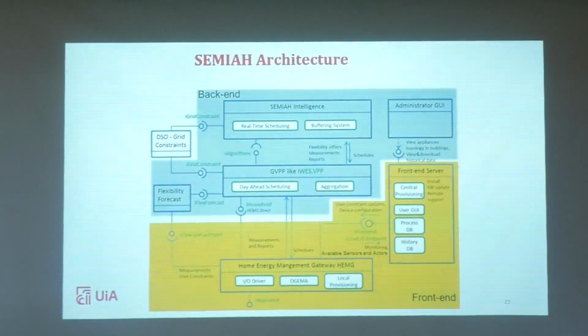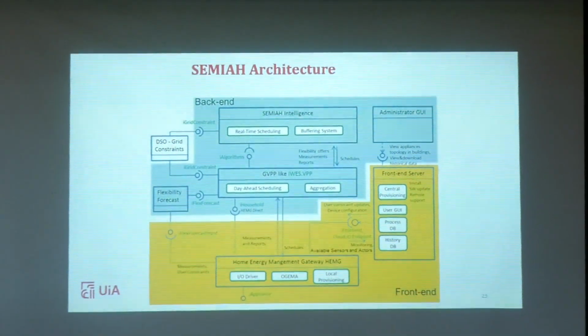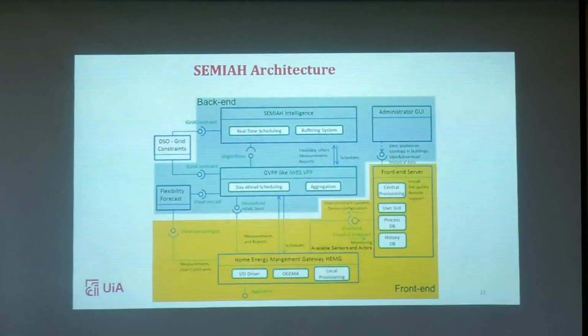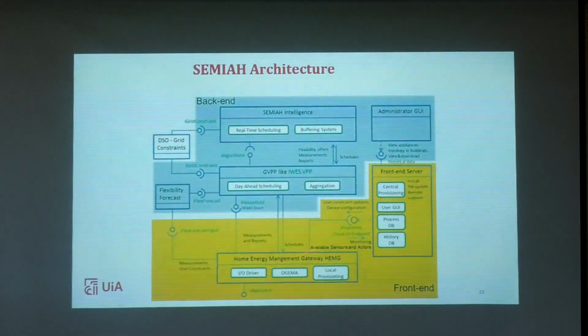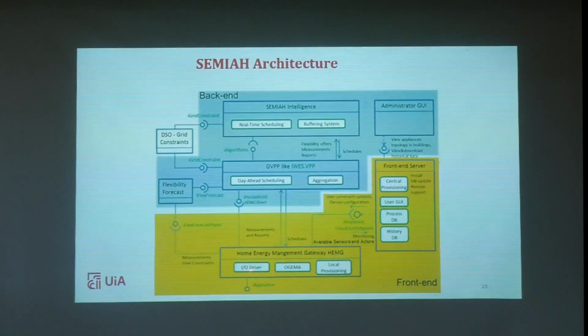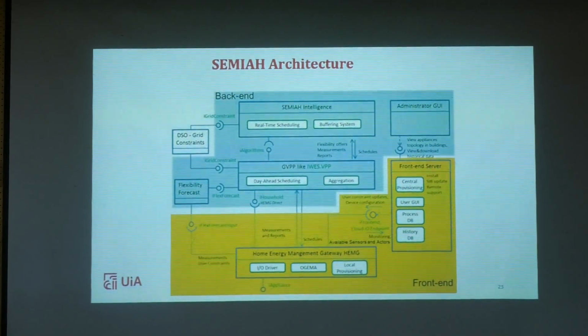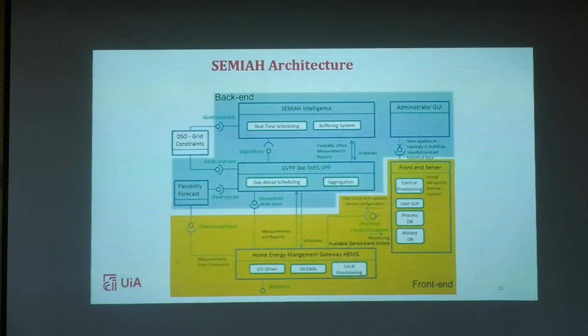In the front end system, we have the home energy management gateway, and here you can see that this home energy management gateway, which is basically of the size of our mobile, has the operating platform OGEMA, and this gateway is going to work on controlling the operation of non-critical power intensive loads based on the input which it is going to get from the back end system.